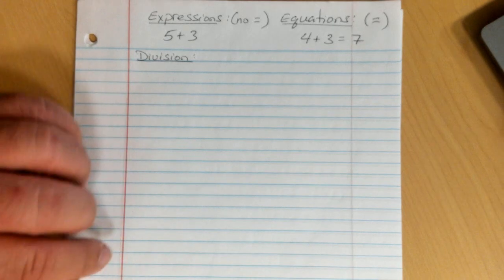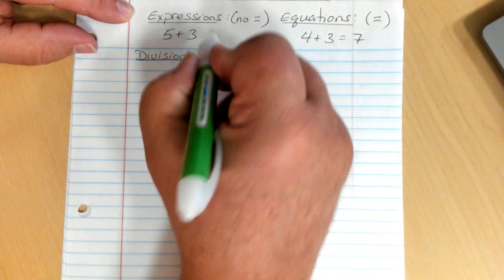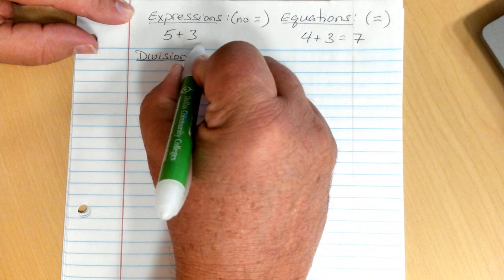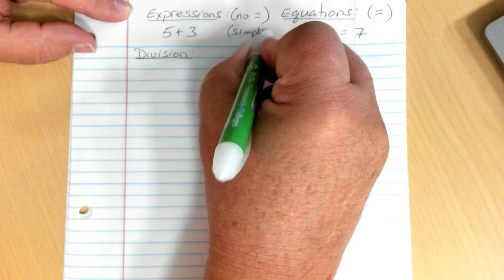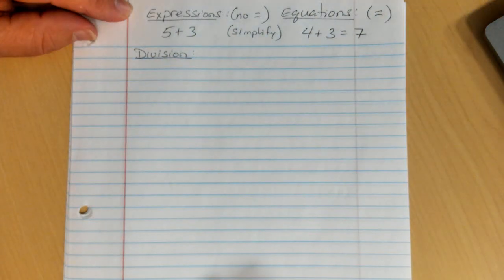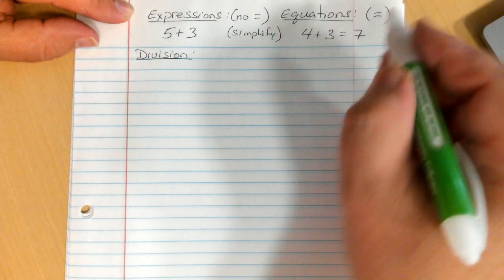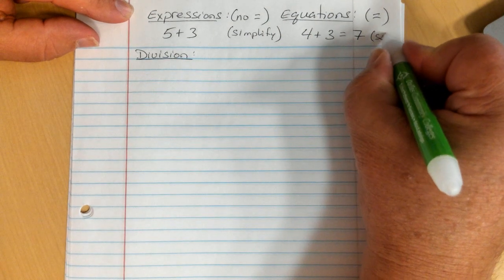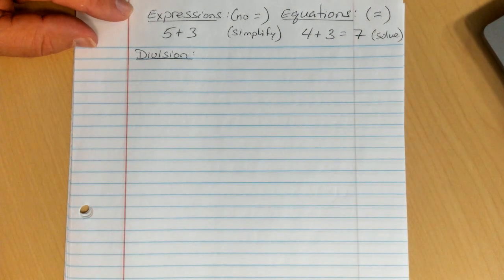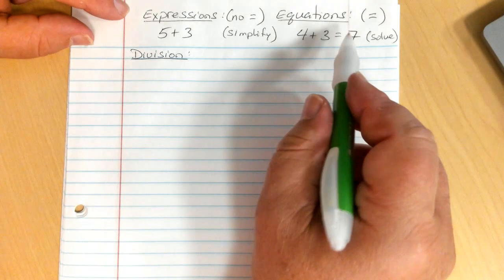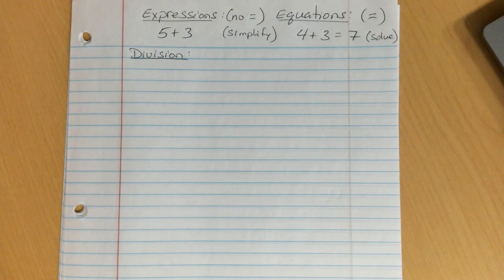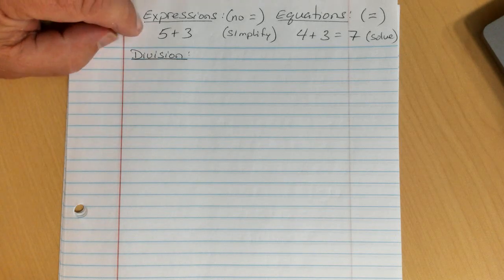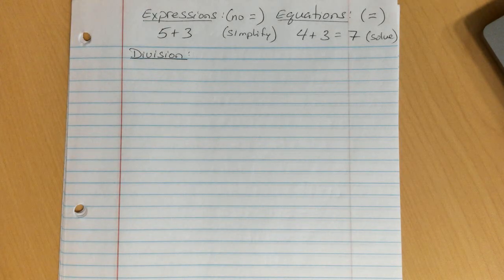There's a difference. If there's no sign, all you do is simplify. If there's an equal, we solve. So if there's an equal sign, we're not done until there's one answer. In expressions, if there's no equal sign, we just combine like terms.